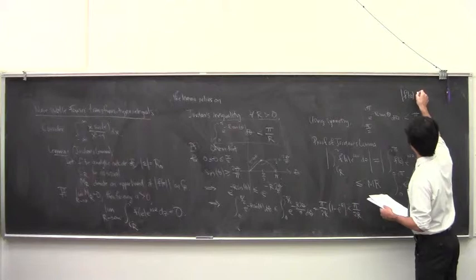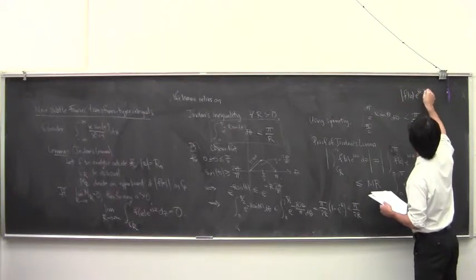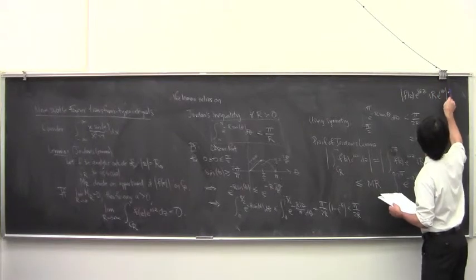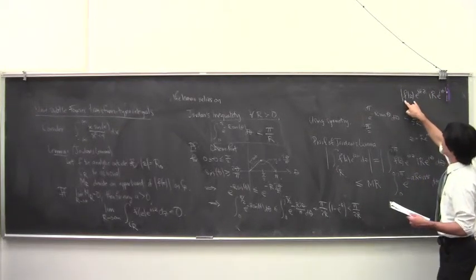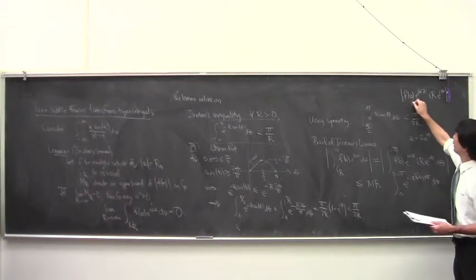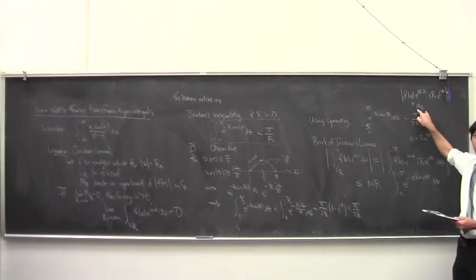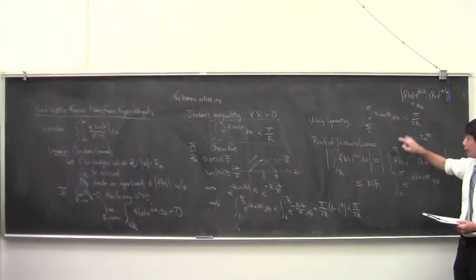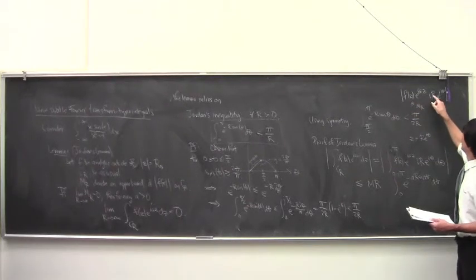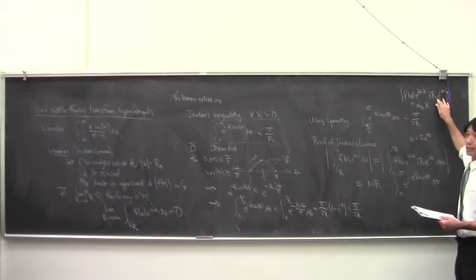When we take the absolute value of the integrand, we were given that f is bounded by M sub R. M sub R was the bound for our f on C sub R. The size of i is just 1, the size of R is R, the size of e to the i theta is 1.